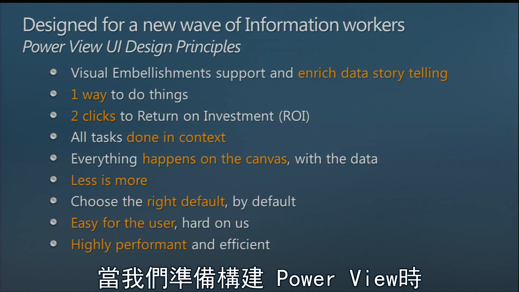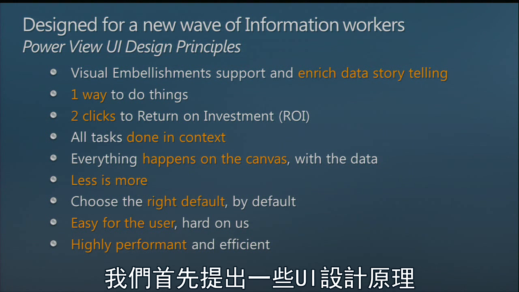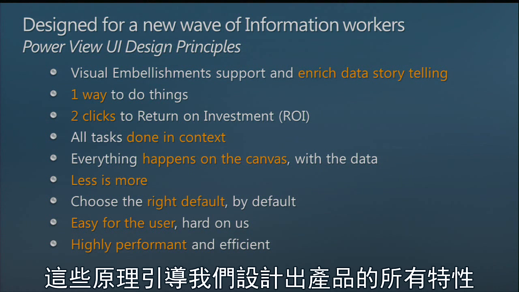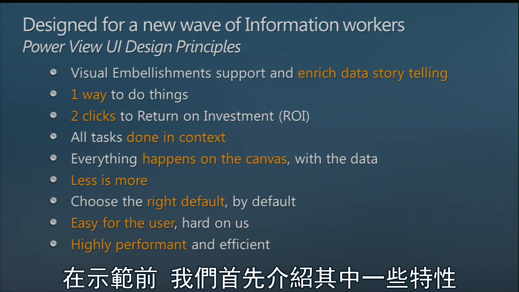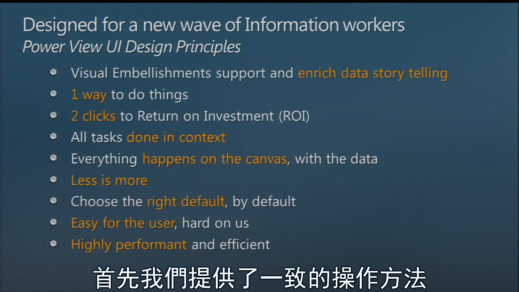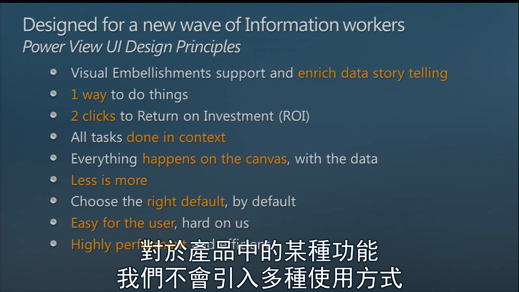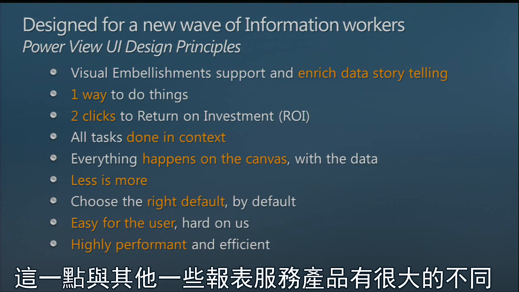So when we set out to build PowerView, we came up with a set of UI design principles, and these guide every single feature that we have in the product. And I'm just going to talk to a few of these before we roll into some demos. The first is that there's one way to do things, and what we mean by that is that anytime there's a piece of functionality in the product that we surface, we didn't want to introduce multiple ways for you to do it, and that's very different from what we have in some of our other reporting offerings around reporting services.